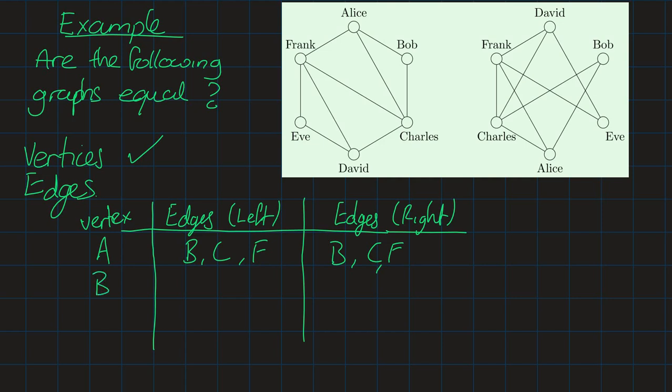In the left graph, Bob is connected to Alice and Charles, and in the right graph, Bob is connected to Alice and Charles. So AC. C: in the left graph, Charles is connected to Alice, Bob, David, and Frank, and in the right graph, Charles is connected to Alice, Bob, David, and Frank.